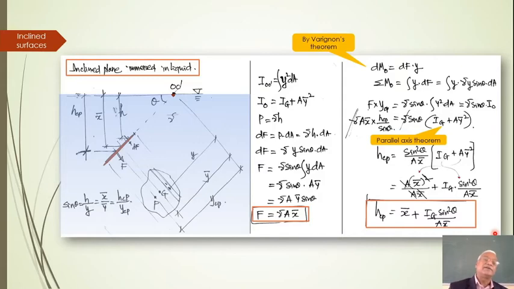Okay, here there is an inclined surface. You can just have a look. You can see here the axis OO dashed is perpendicular to the surface. If I look from the top, it looks like this.